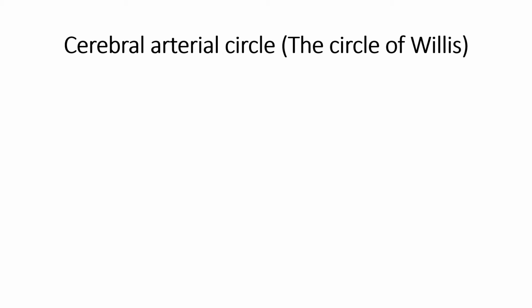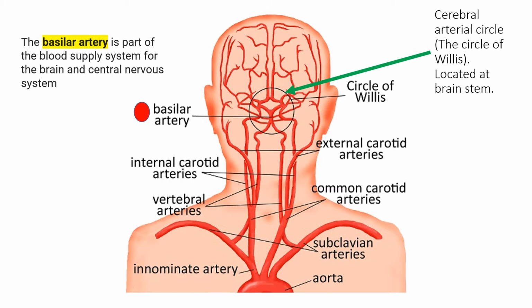All right, the cerebral arterial circle, or what we call the circle of Willis. Still talking about the head, we have the vascular artery, and this artery is part of the blood system for the brain and central nervous system.